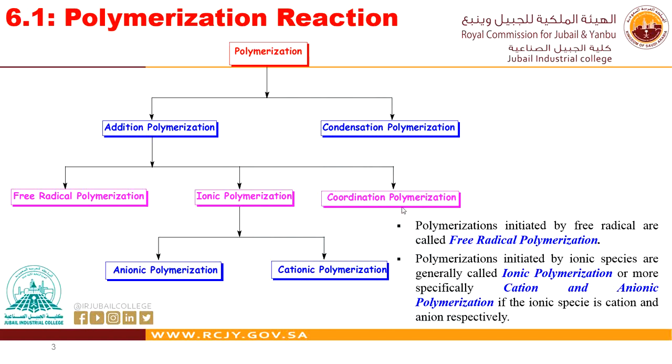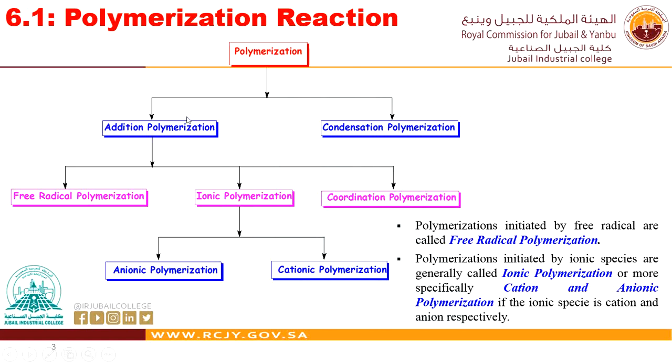And in most of the industry, especially here in Saudi Arabia, SABIC and Tasnee, most of the polyolefins are produced by coordination polymerization. And these polymerization techniques produce polymers that have different properties.